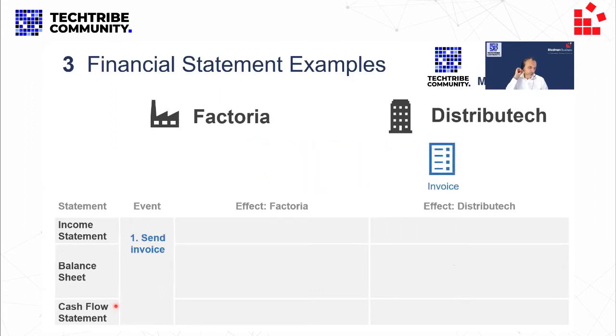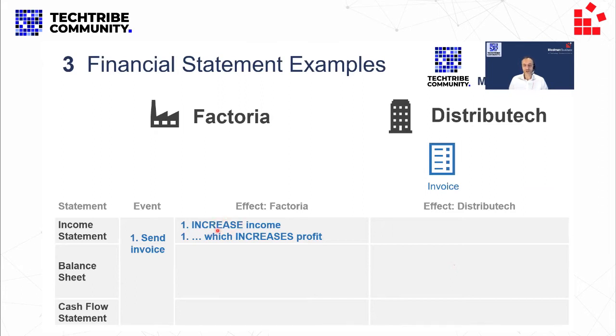So let's say that Factoria has delivered some products or services to Distributech, and they send an invoice to Distributech. So the event is that an invoice has been sent. What happens on Factoria's side is that, because a customer has been invoiced, that immediately shows up as an increase in income on the income statement, which will immediately increase the profit, because in just this event we're not talking about accounting for the cost of this sale on the income statement.